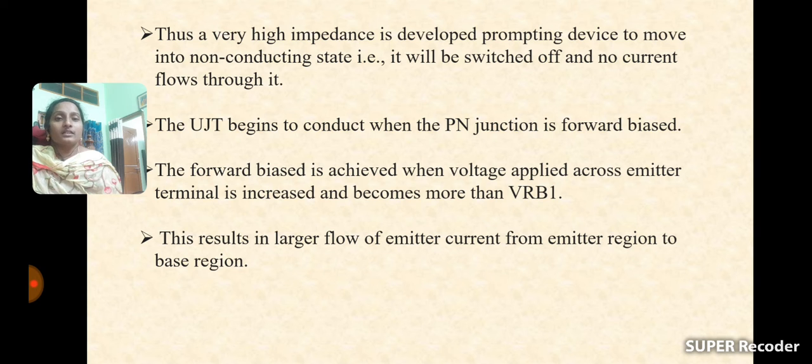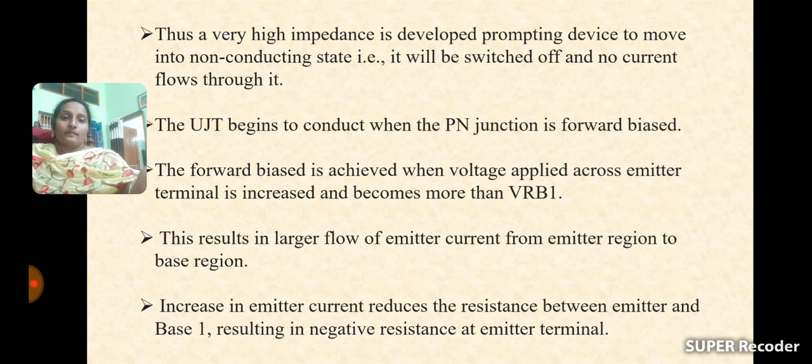And this results in a larger flow of emitter current from the emitter region to the base region. An increase in emitter current reduces the resistance between the emitter and base 1, so resulting in negative resistance at the emitter terminal.